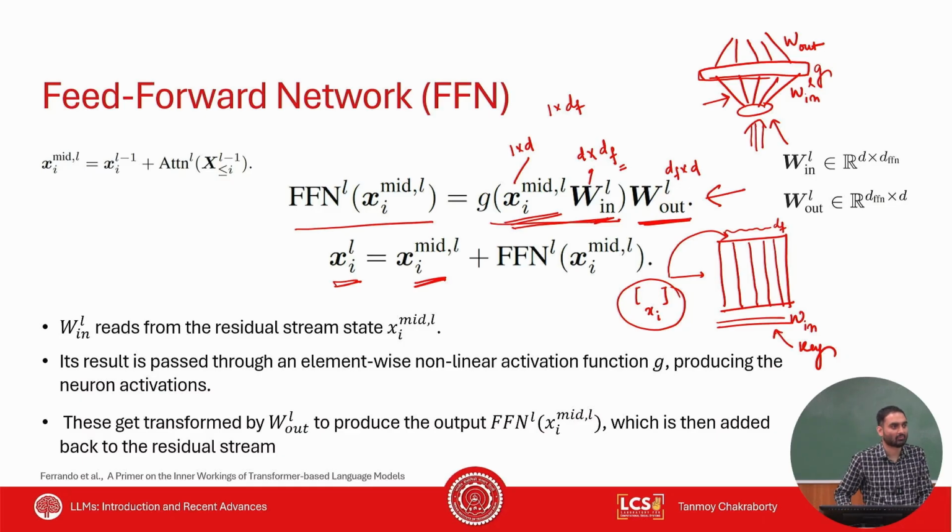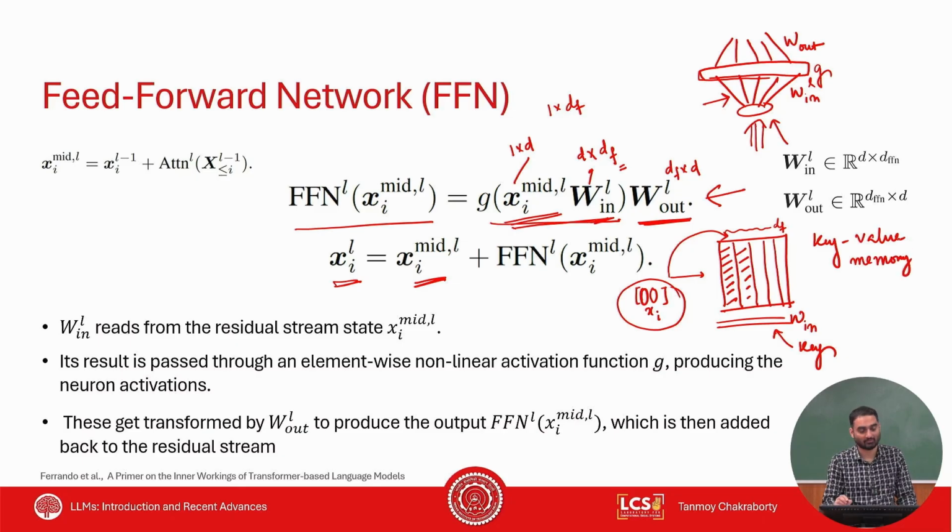And remember, this is an element-wise operation, in the sense that the first value of X_i will be multiplied with the first column of this matrix, the second value will be multiplied with the second column of the matrix, and so on. I'll break it down to the element-wise level later on. So this is called key value memory retrieval.